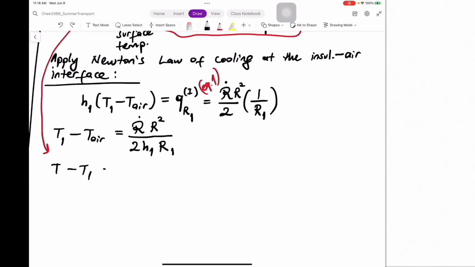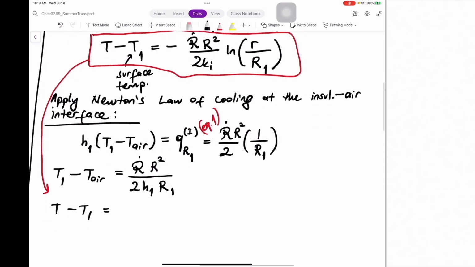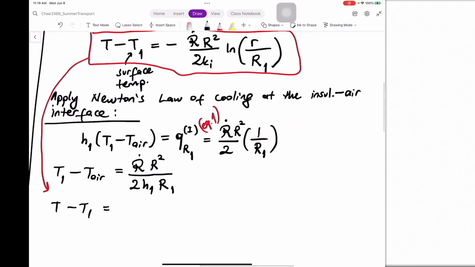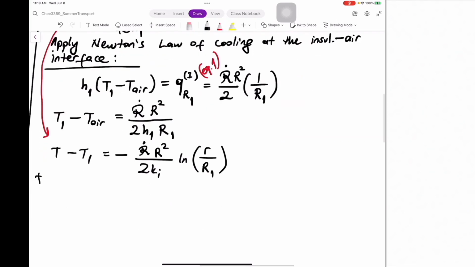So that's why I make it in a way that I can cancel them by adding minus fancy R dot R square over 2ki ln R over capital R1. And let's add the 2 to get rid of the T1 because I have no idea about what T1 is, but I have an idea about what T air is.